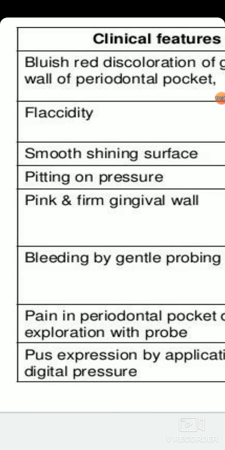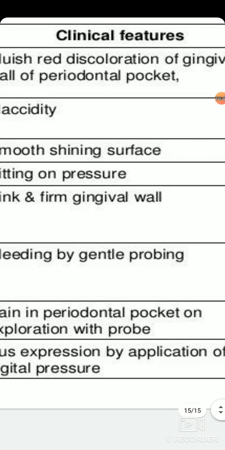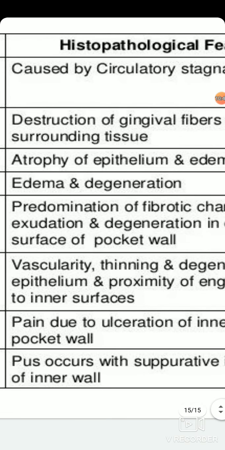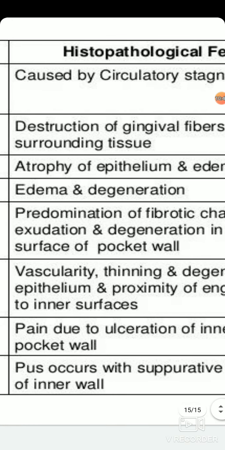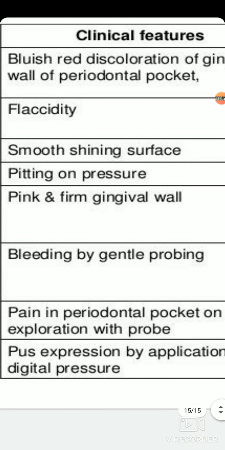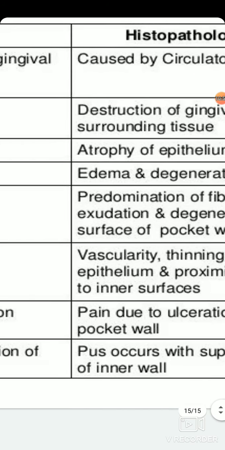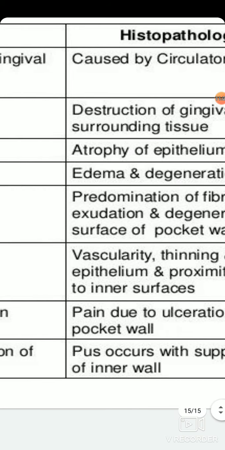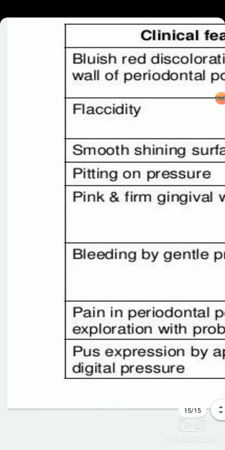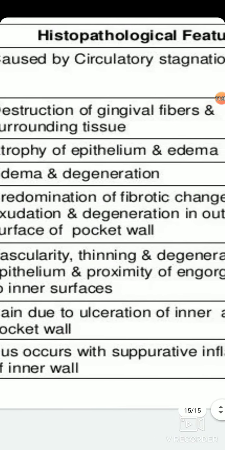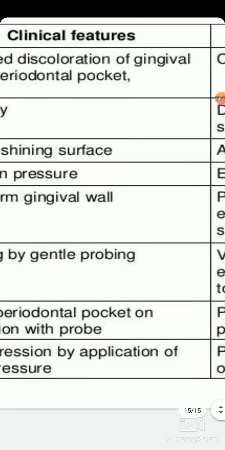The first and foremost feature is bluish red discoloration of the gingiva, wall of the pocket, which corresponds to the histopathological feature of circulatory stagnation or engorgement of blood vessels. The second feature, flaccidity, corresponds to destruction of gingival fibers and surrounding tissue. Smooth shiny surface corresponds to atrophy of epithelium and edema.